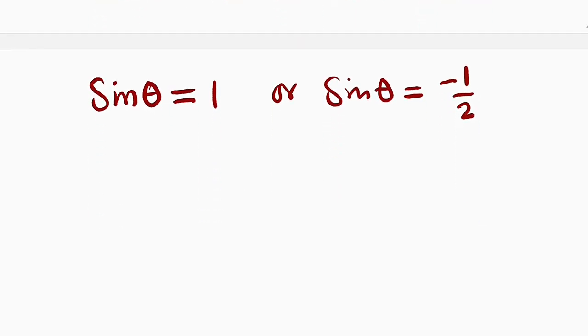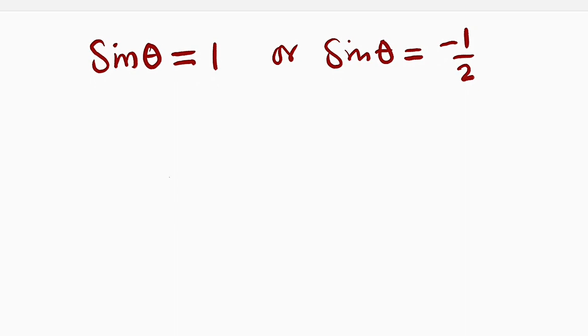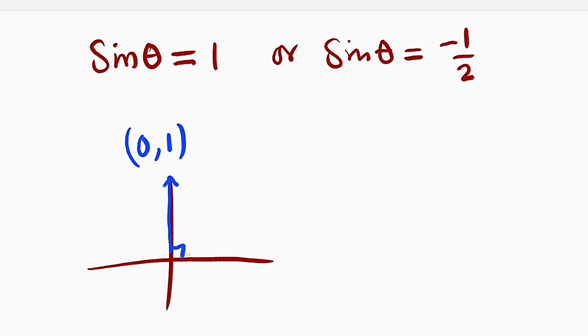The question we need to ask ourselves: sine of what angle is exactly equal to 1? Remember, on the unit circle, at 90 degrees or pi divided by 2 is where we have 1 for sine and 0 for cosine. Therefore, sine of 90 degrees is 1.